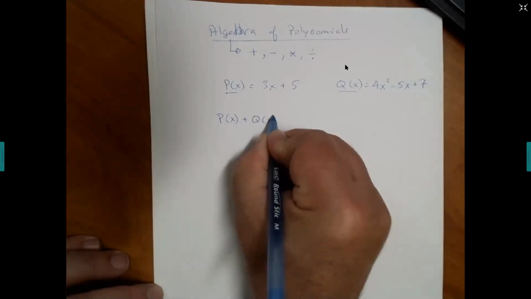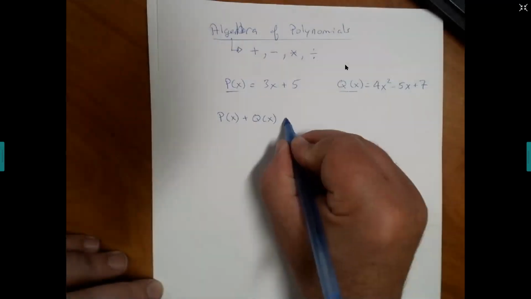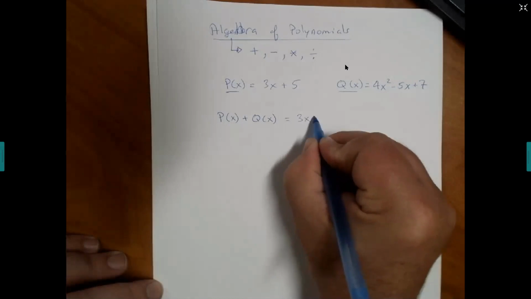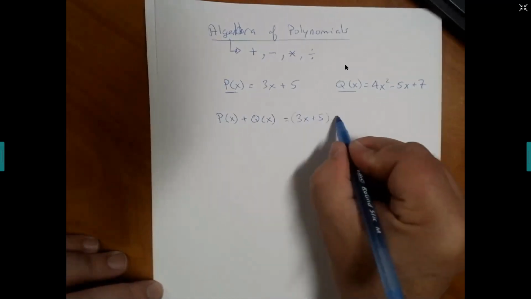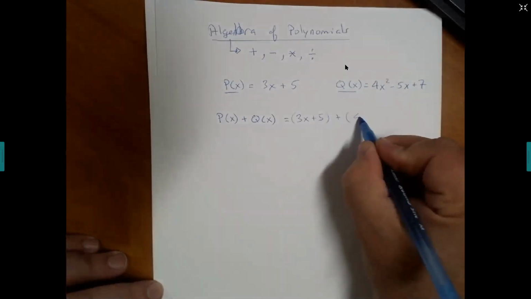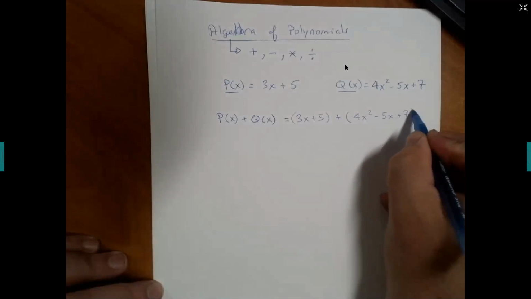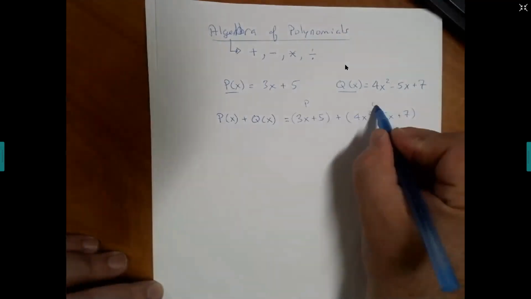I can add the polynomials together. So we have 3x plus 5, that's p of x, plus 4x squared minus 5x plus 7, that's q of x. So this is p and this is q.